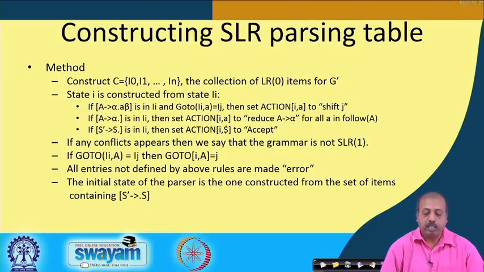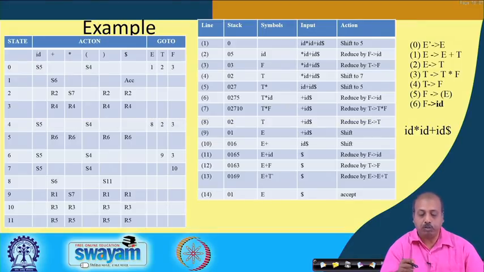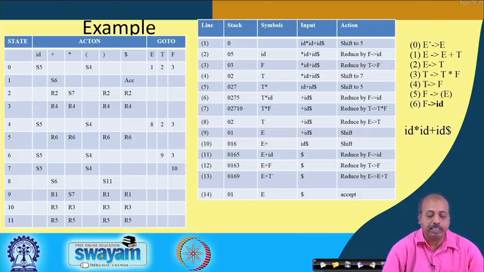And then for the goto part: if you look into this table, there are two parts, one part is the action part and the other part is the goto part. For the goto part, I have the non-terminals E, T and F, and from individual sets of items, the gotos on the non-terminals have been calculated. So, here the corresponding gotos are added.